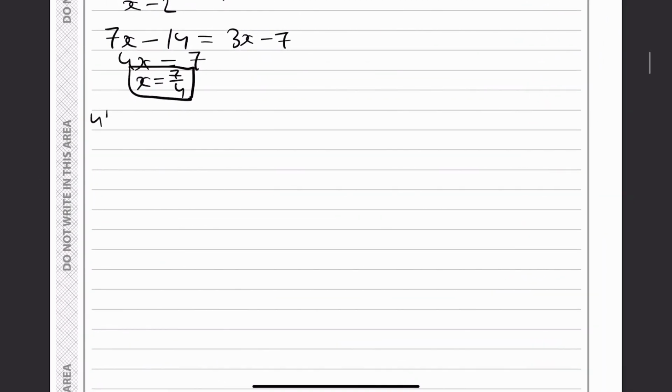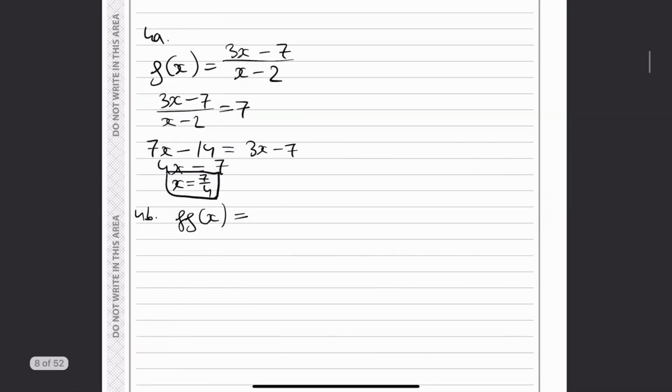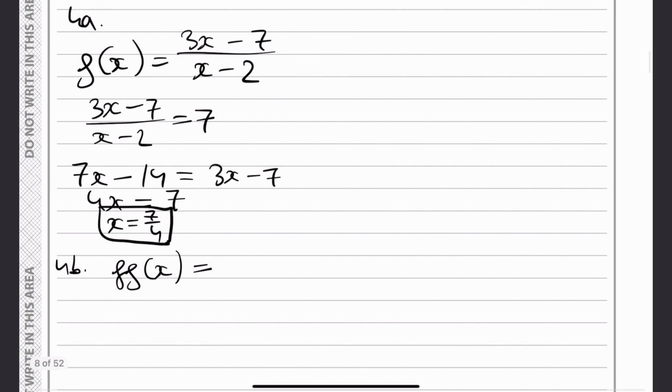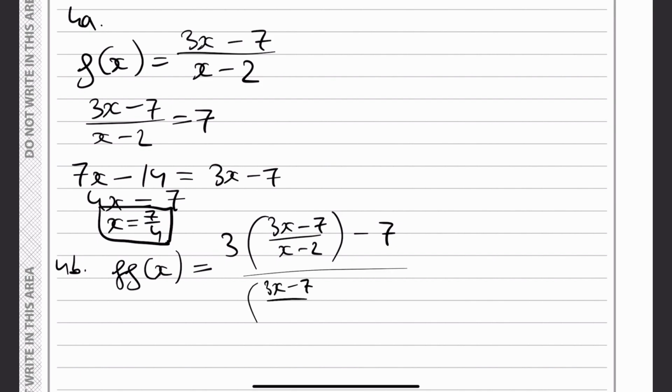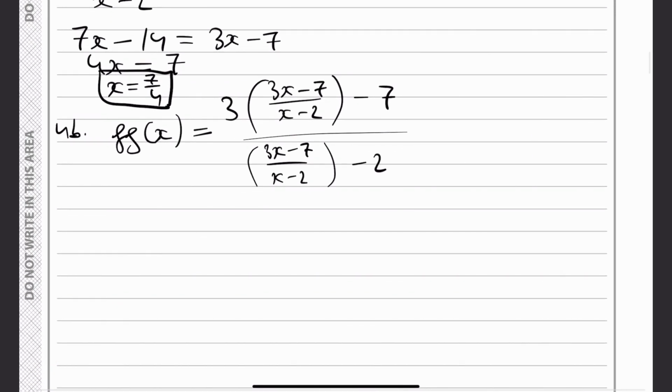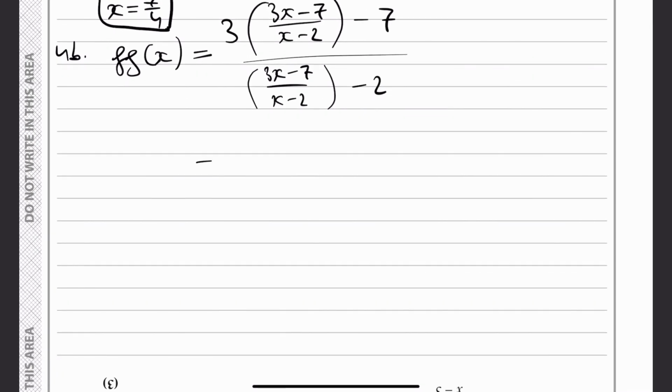Okay, 4b. So f of f of x is just going to be substituting this into the x. So we've got 3 times (3x minus 7 over x minus 2) minus 7 over, and then we put it in again here. And now I'm guessing we just have to simplify this, which is pretty good. Okay, should be able to save time on this.